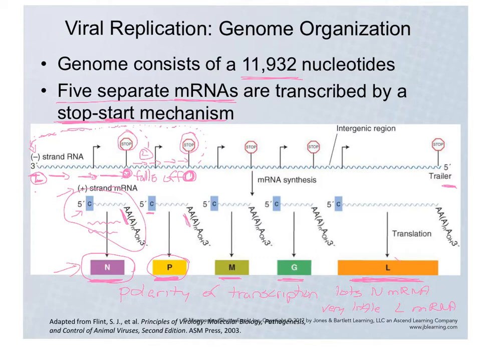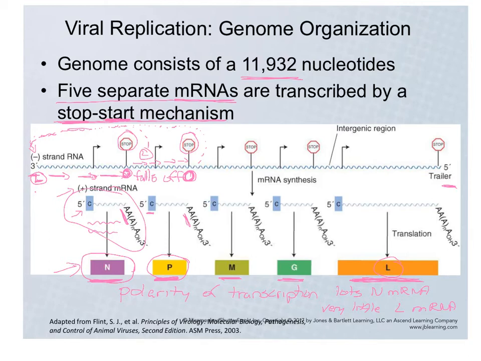Of course, we need the L protein, the polymerase protein, but we've already brought a copy of it in with us. It's already functioning. We don't need a whole lot of this. We definitely need to make the polymerase protein to be packaged with the virion together with the RNA, but the absolute requirement of it is much lower than it is for the N protein.